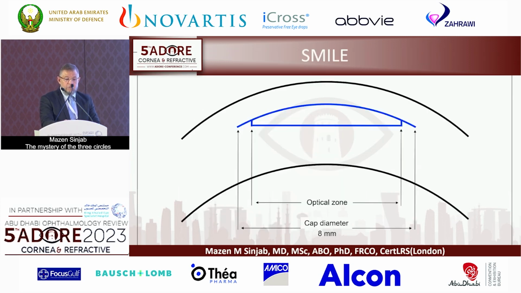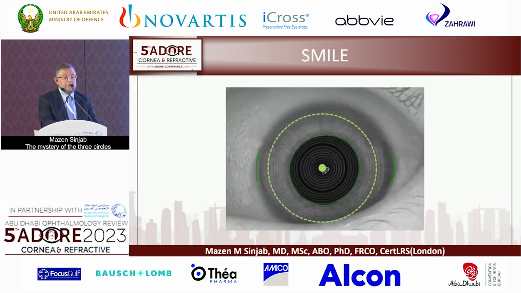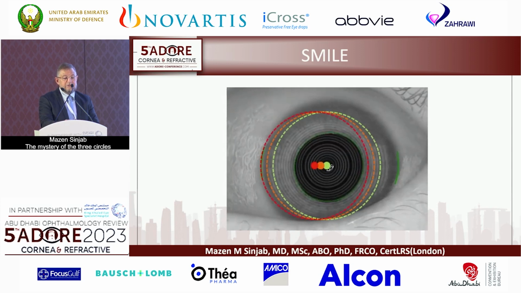For the smile, of course, we have to make some calculations as well, because if we are going to center it with the visual axis, we may go into the limbus. There will be an intersection with the limbus if we want to center it with the visual axis, and we did not consider the white to white, and we did not consider the largest cut of the smile to be less.